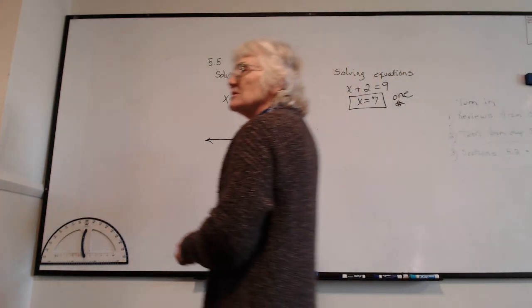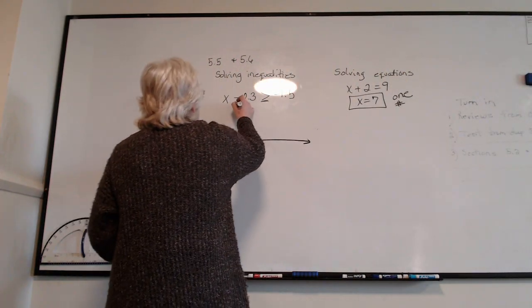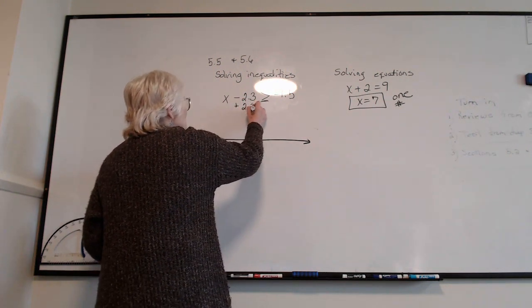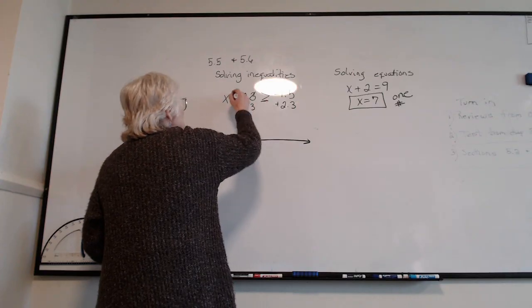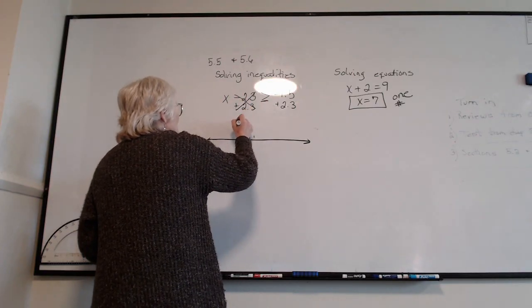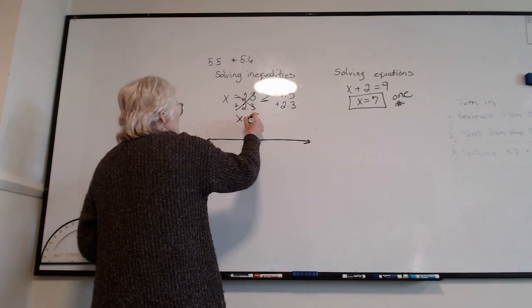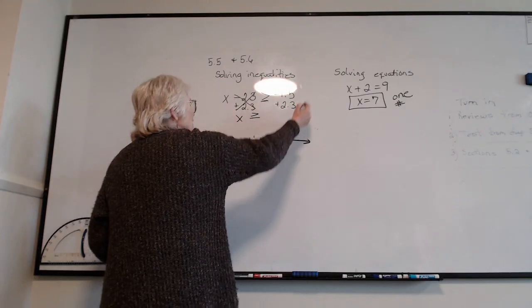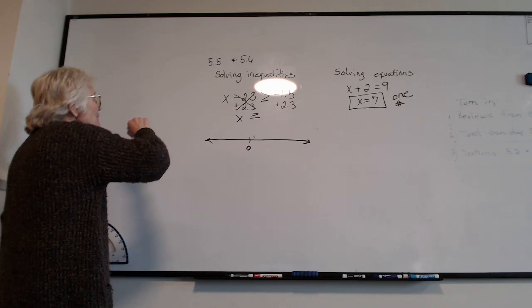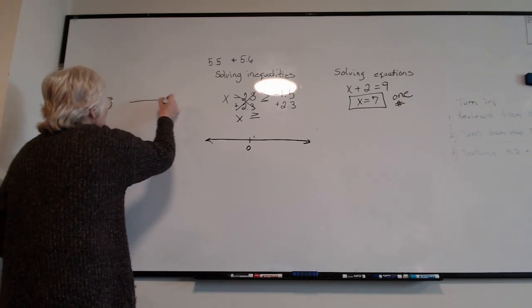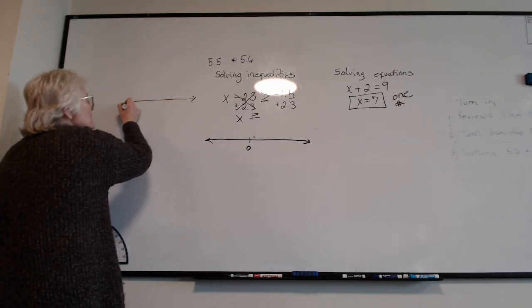Okay, I'm going to start up here. Plus 2.3, plus 2.3. This cancels, so x is greater than or equal to, but we need to figure out what this is. Okay, I'm going to go over here and draw a little separate diagram.